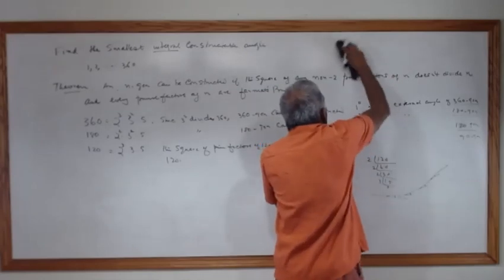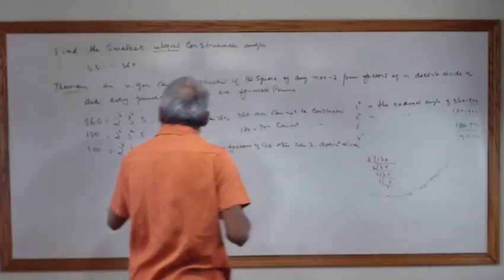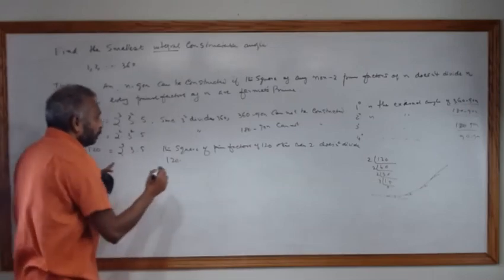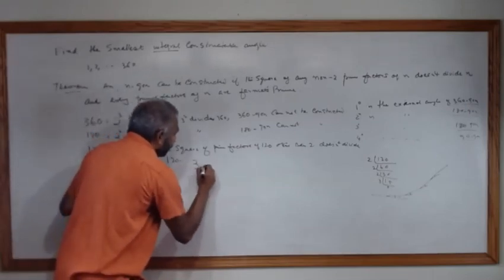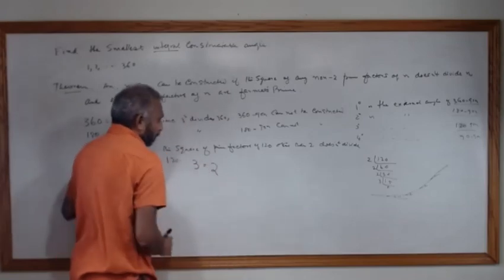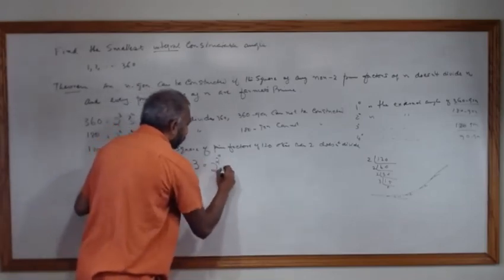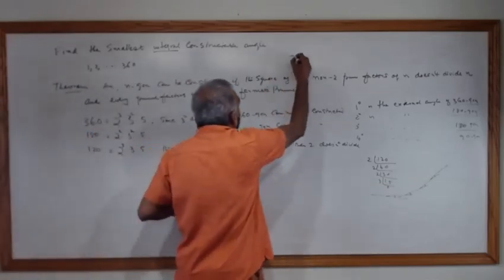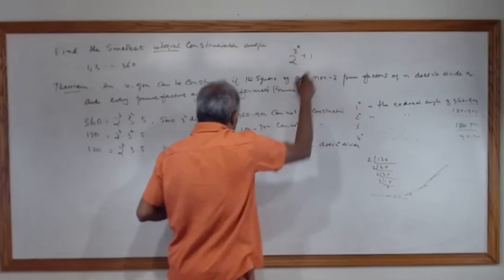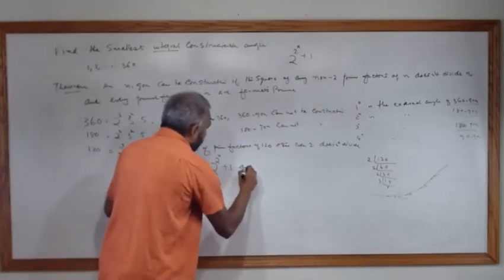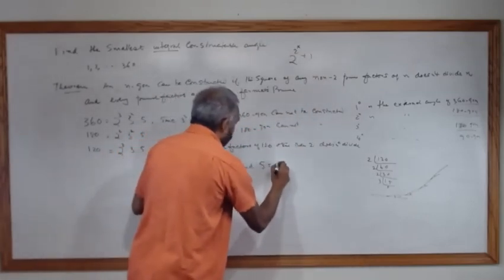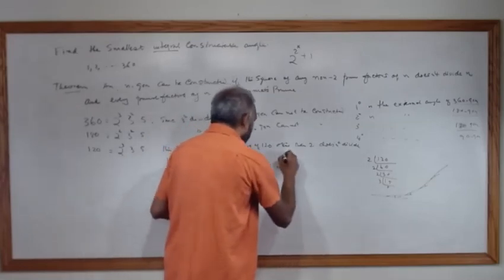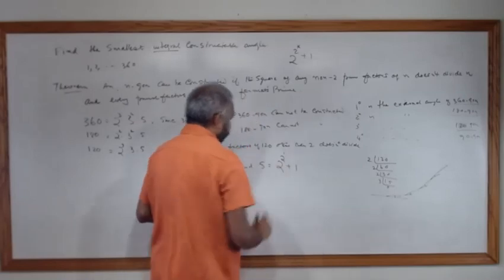You are only considering primes other than 2. So we see 3 is equal to 2 to the power of 2 to the power of 0 plus 1. This is of the form 2 to the power of 2 to the power of k plus 1. And 5 is equal to 2 to the power of 2 to the power of 1 plus 1.